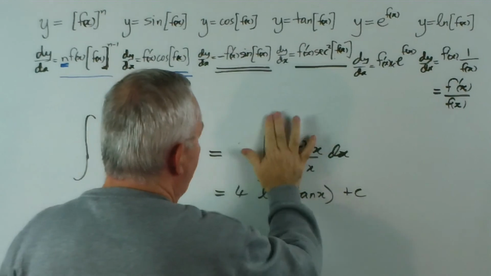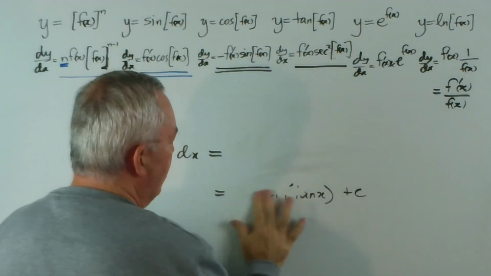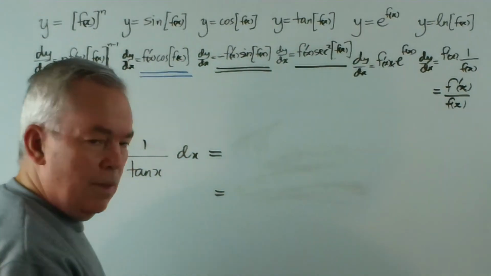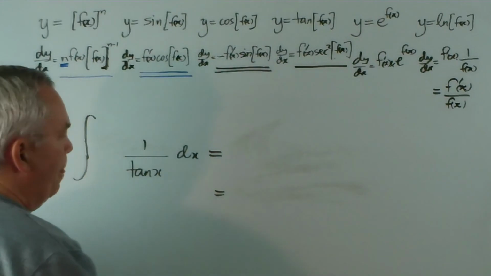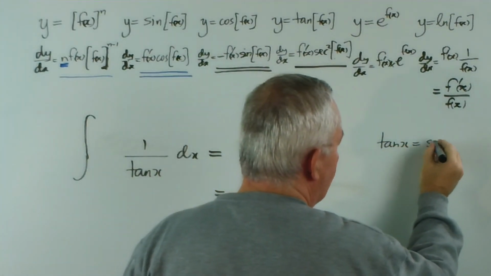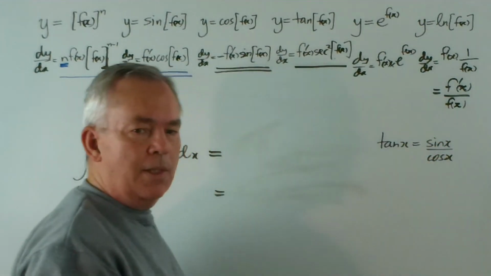So we'll rub this off. I want you to see that there is a little bit of a trick with tangents, and I strongly recommend that you explore this. You know, I hope, that tan x is sin x on cos x. I hope you realise that.